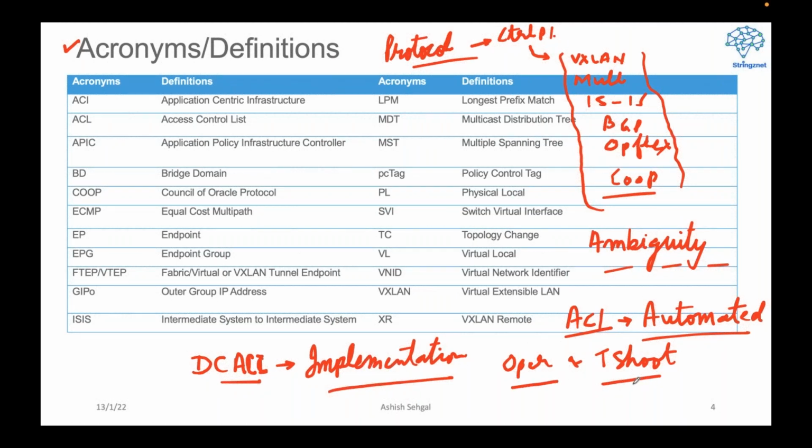Operations and troubleshooting we are not going to cover, but a part of the troubleshooting I will definitely cover on some special request. Whatever is the part of the troubleshooting which is a deep dive understanding of how the traffic flows in between the ACI switches, I will cover once we do the basic labs, on request. So I'll tell you that, see, this is what I'm not going to cover.